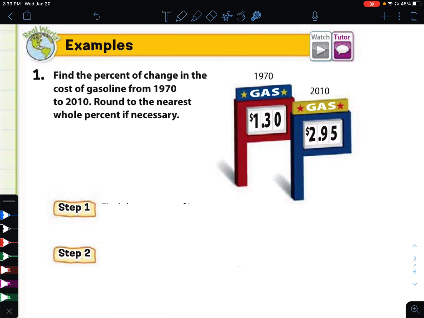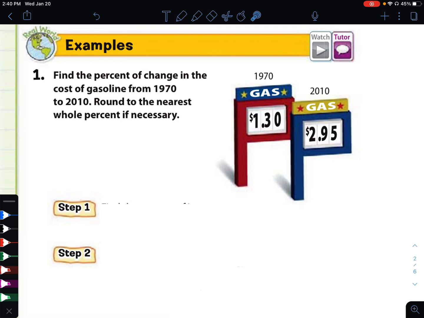Find the percent of change in the cost of gasoline from 1970 to 2010. Round to the nearest whole percent if necessary. So if you look at 1970, the amount is $1.30 per gallon, and 2010 is now $2.95.